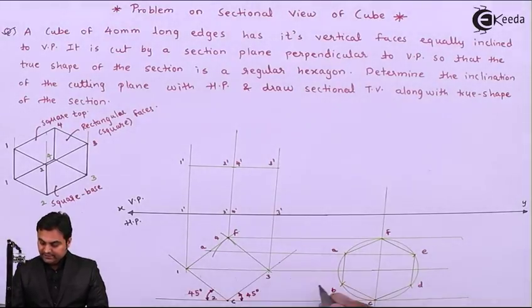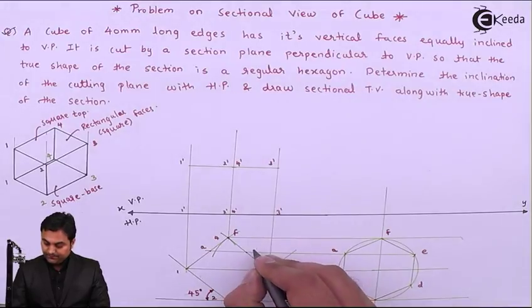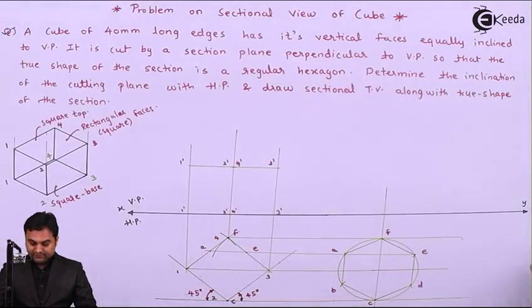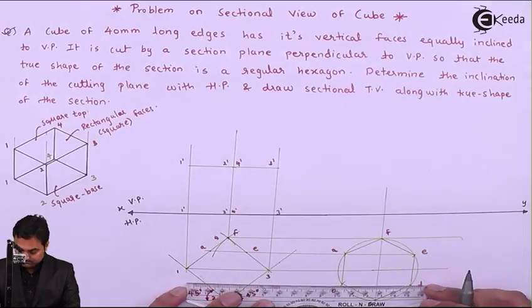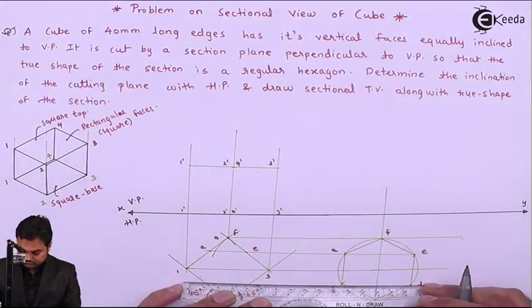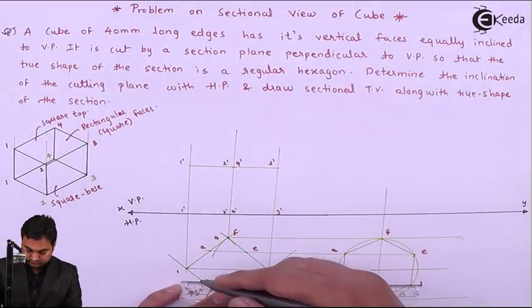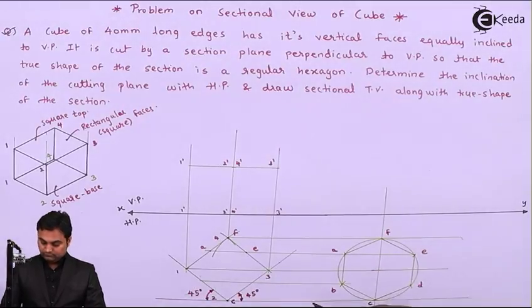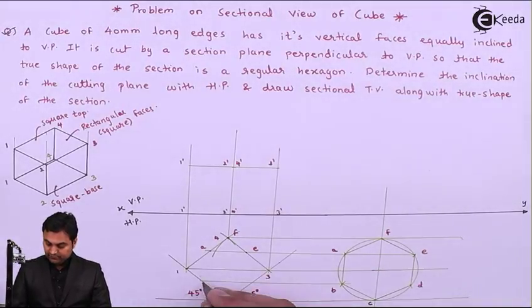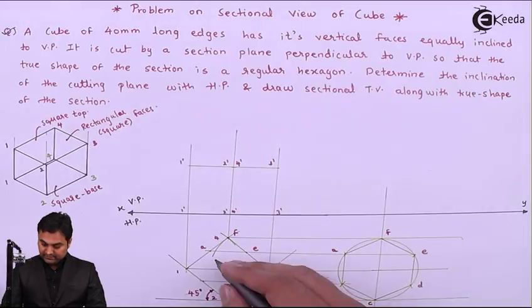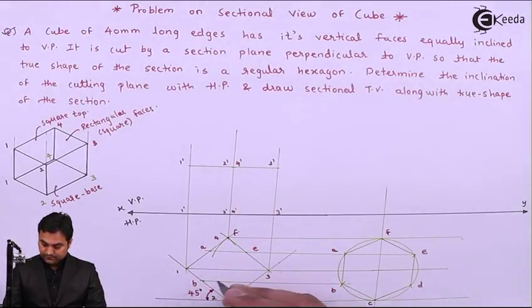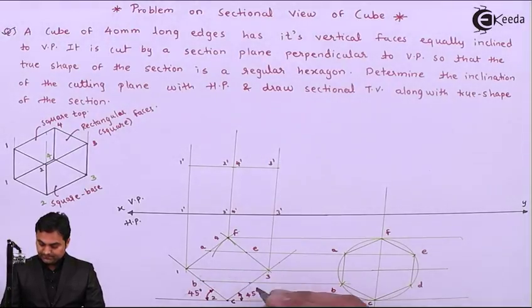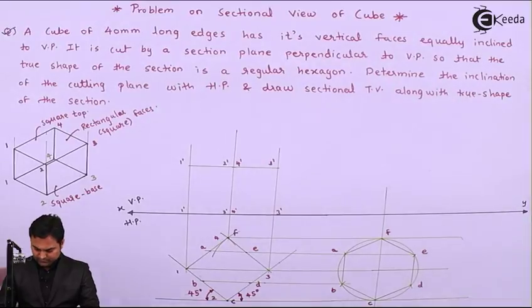Where it is cutting 3 and 4, that is point E. Similarly B and D from the bottom. So where it is cutting 1 to 2, that I'll say it is B. Where it is cutting 3 to 2 or 2 to 3, that is point D. So joining them in proper sequence.